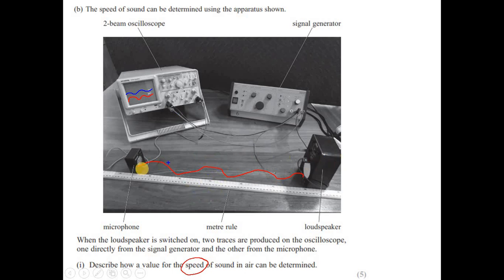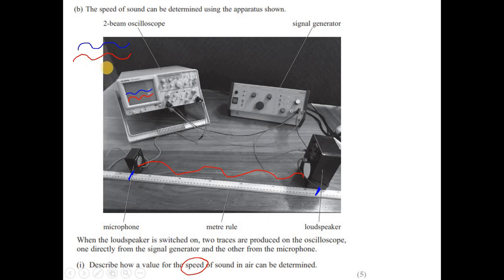We start our experiment by fixing the position of the microphone and the speaker. We note down the position of the microphone, and initially we need to adjust the position so that both signals have either the same phase or anti-phase, meaning both signals would be something like this, or like this.